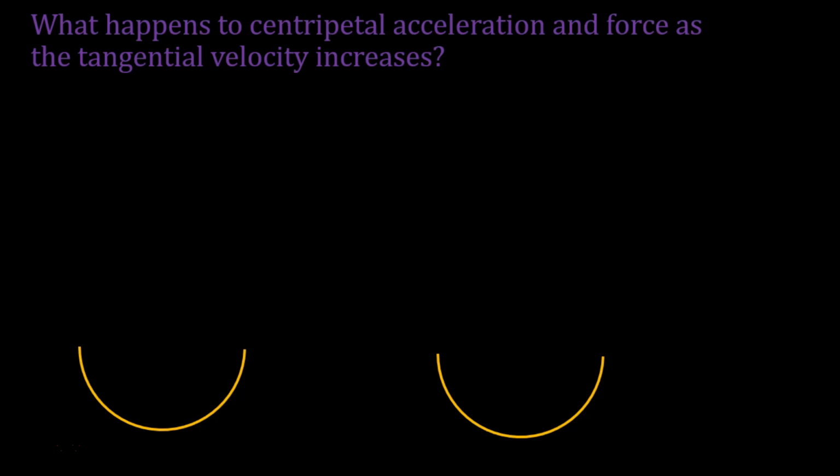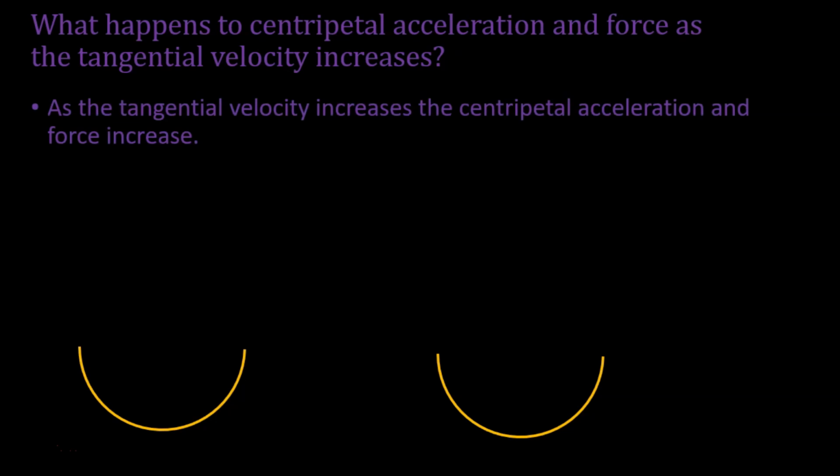Okay, what happens to centripetal acceleration and centripetal force as the tangential velocity increases? Well, now we have two semicircles of the same radius. And what happens is as the tangential velocity increases, the centripetal acceleration and force also increase.